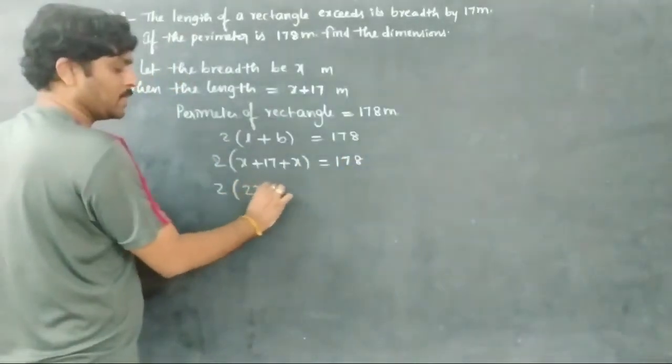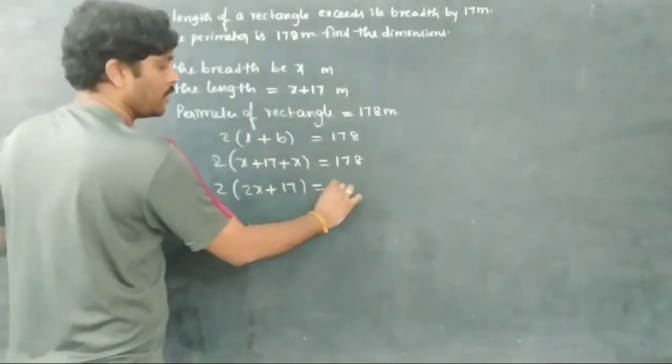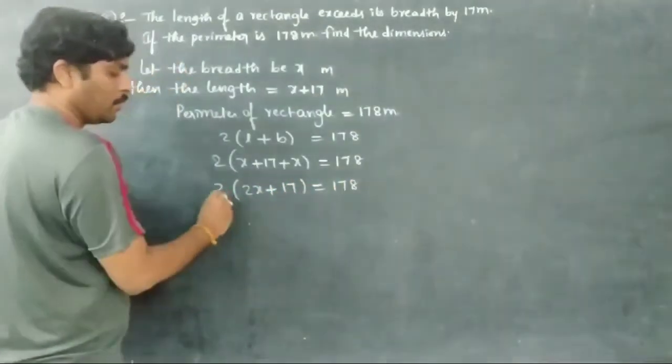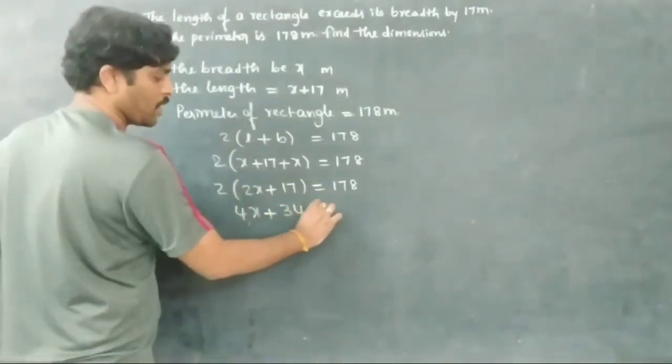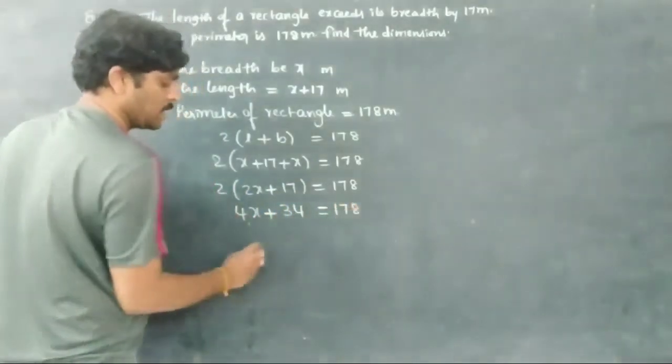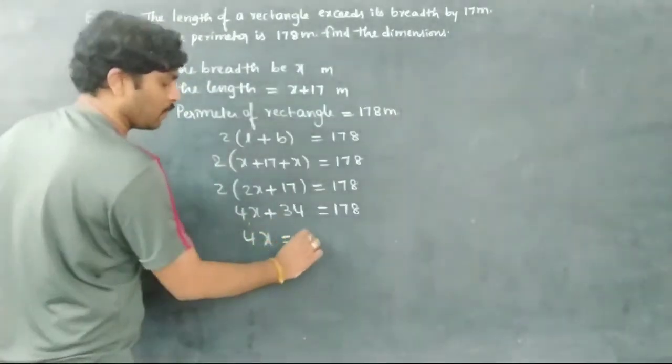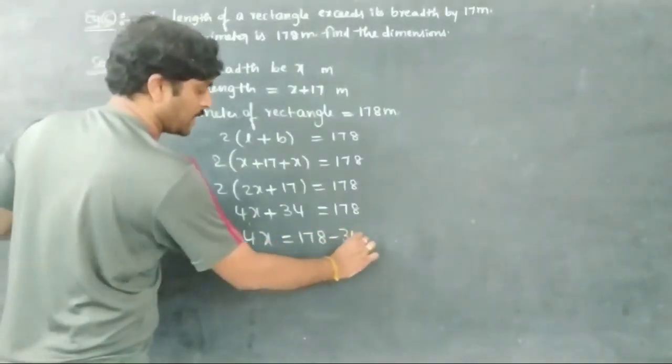Here 2(2x plus 17) is equal to 178. Now 2 twos are 4, 17 twos are 34, is equal to 178. Now 4x is equal to 178 minus 34.